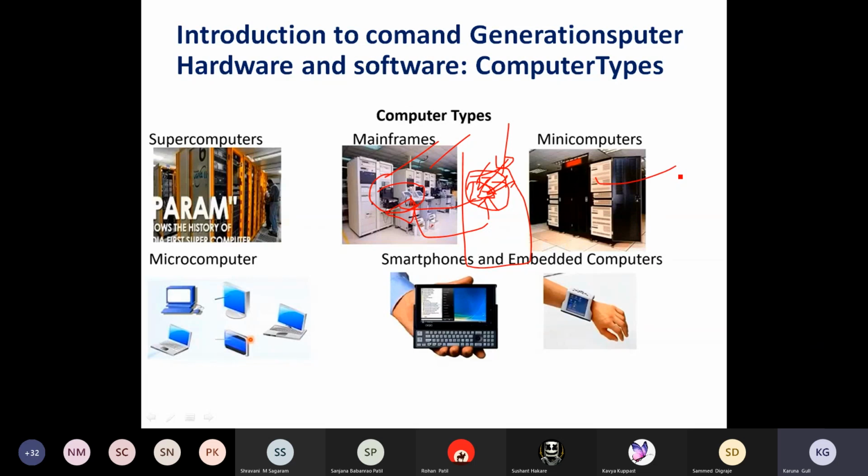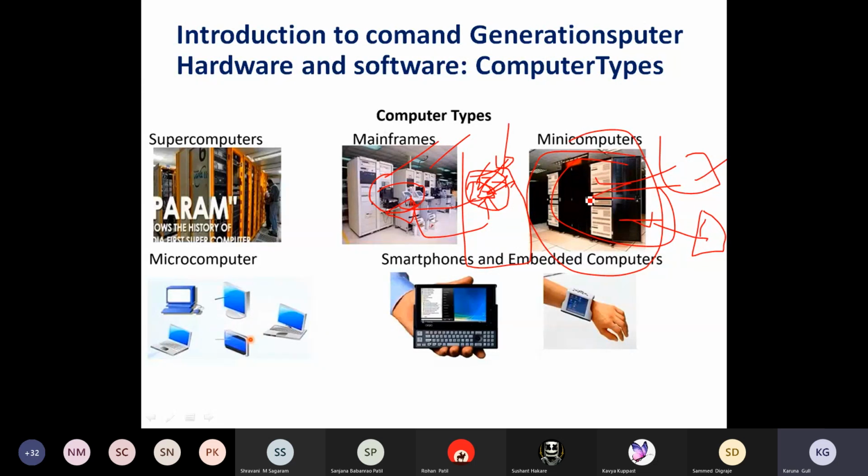Then you have the minicomputers. These were usually meant for smaller organizations. Again, you have the server that is deployed, and you can connect the end systems. Usually these terminals are dumb terminals rather than intelligent terminals.